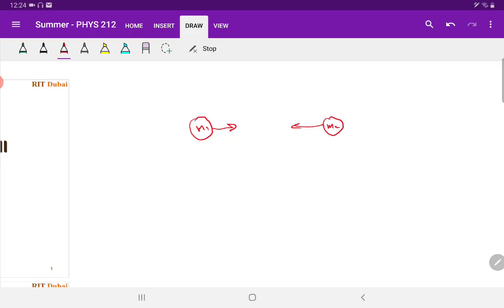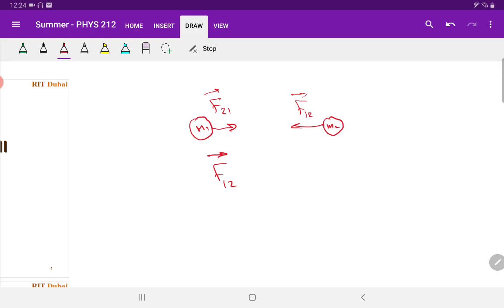So M1 and M2, they attract each other. And we said the force that the first mass exerts on the second mass, we can call this F1,2. And there's also a force that M2 exerts on M1, this will be F2,1.